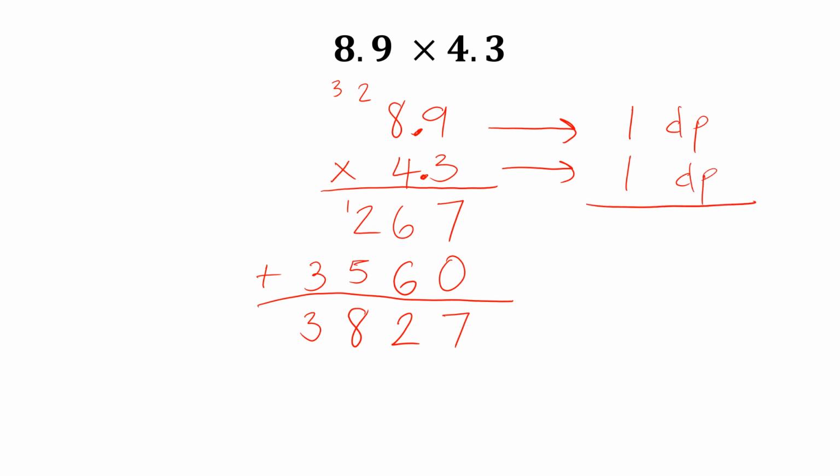So in total, we have 2 decimal places. This simply means that in our answer, we should have 2 decimal places. That means the decimal point will go between the 8 and the 2. That means the answer for this question is 38.27.